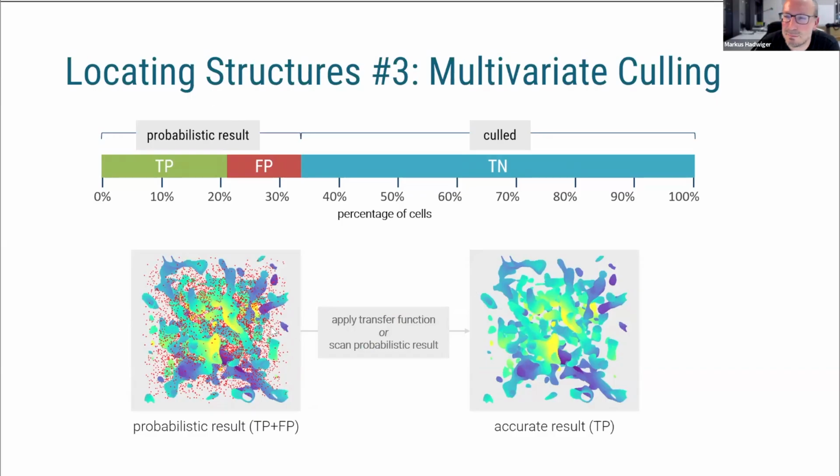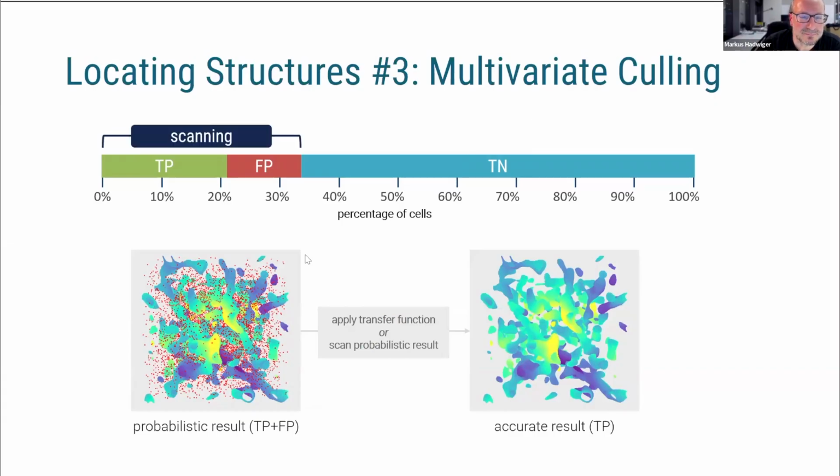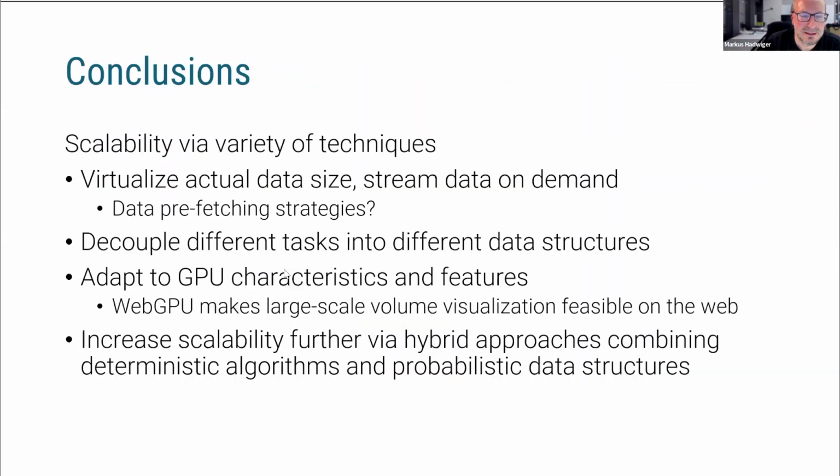Or I just fix it up by scanning the data that is remaining after the probabilistic query and fixing it up to a deterministic result. So you can do either of these things. Okay, so the scanning would mean you just scan linearly now over all of the data, but it's already a subset of what you wanted to do.